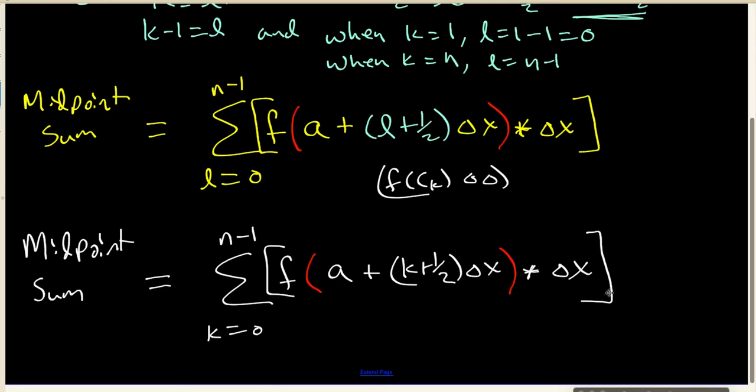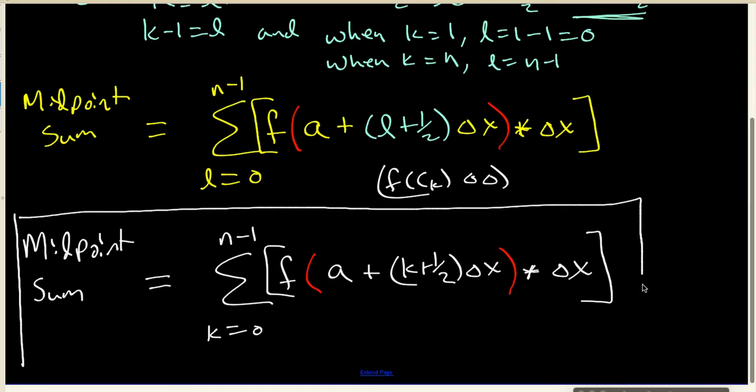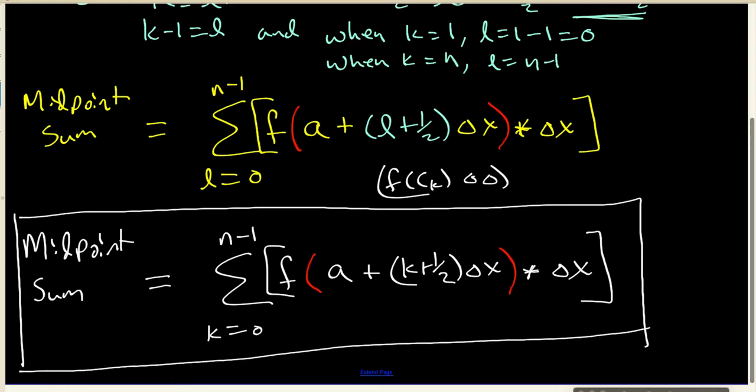And so the stuff inside this square brackets is our f of ck times delta x. This is worth writing down in your notes as our major midpoint sum formula.